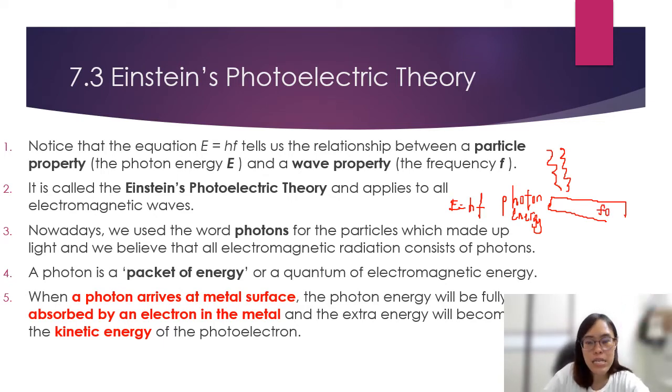When the frequency of the photon energy received by the metal surface is greater than, or exceeds, the threshold frequency, the photon energy is fully absorbed by the electrons in the metal surface, and they are able to escape out from the metal surface.